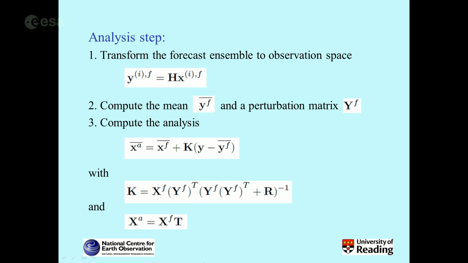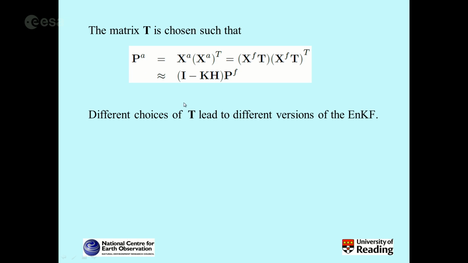So that's why we're doing this in observation space. And then we have the analysis. Our set of analysis is equal to the forecast, it turns out, multiplied by this transform matrix, where the transform matrix is chosen such that this equation holds, such that we have the right statistics in our analysis.